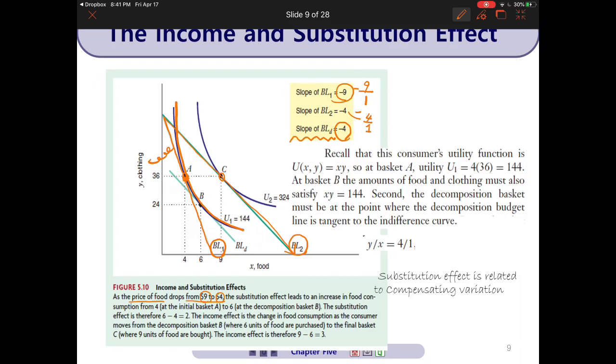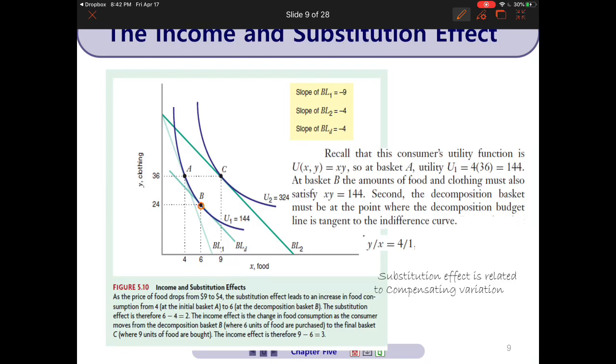So we know at least the slope of the new budget line. We don't fix the location yet. But the way we fix the location, we want to find a tangent with the original indifference curve. That happens at B. So that's this B.